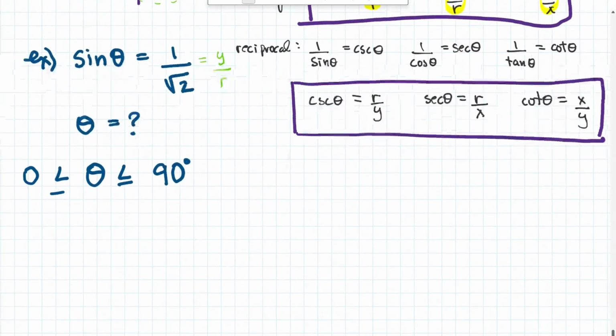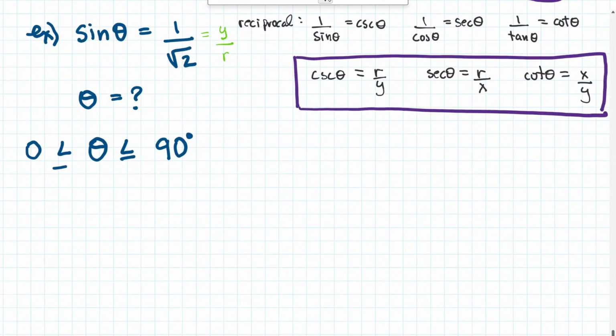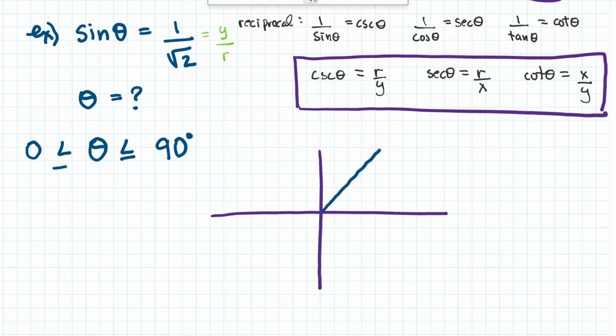So let's write another unit circle out and place those values. Our radius value is root 2, and our y value is 1.